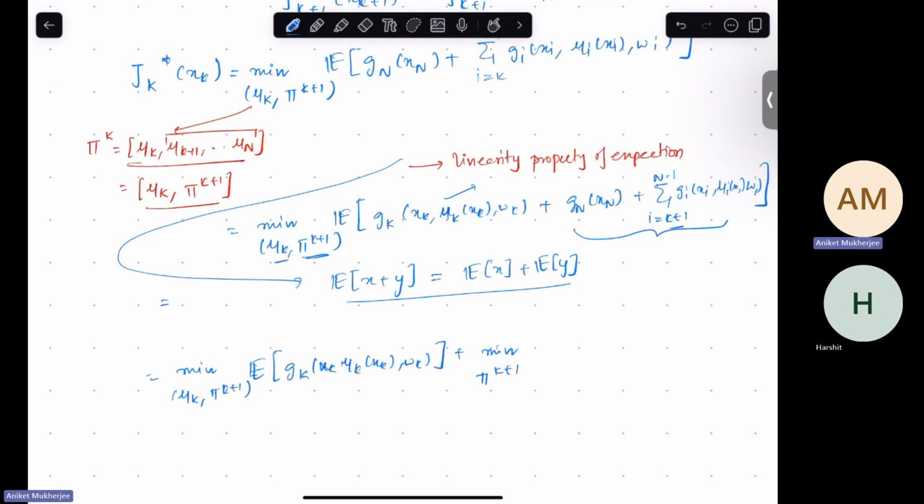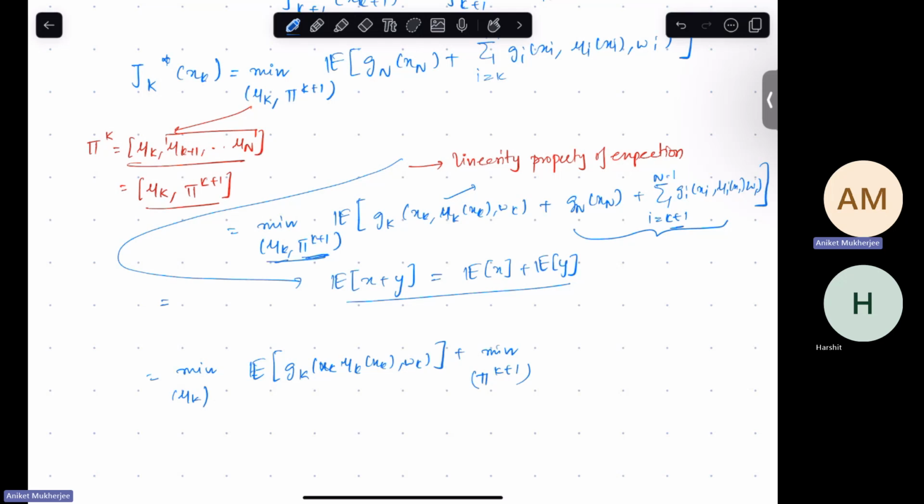And in the first term, pi k plus 1 does not play a role; only mu k plays a role.